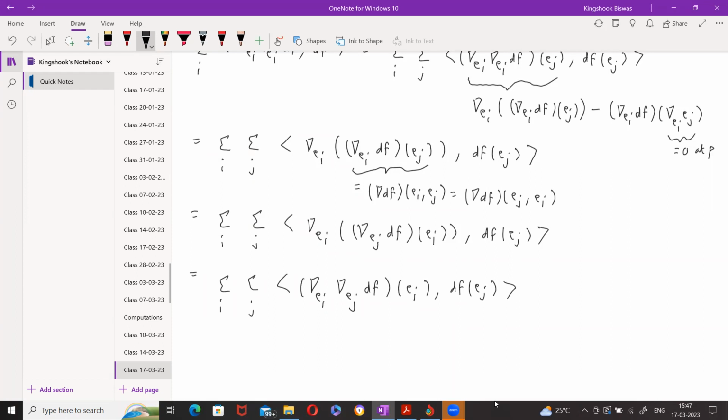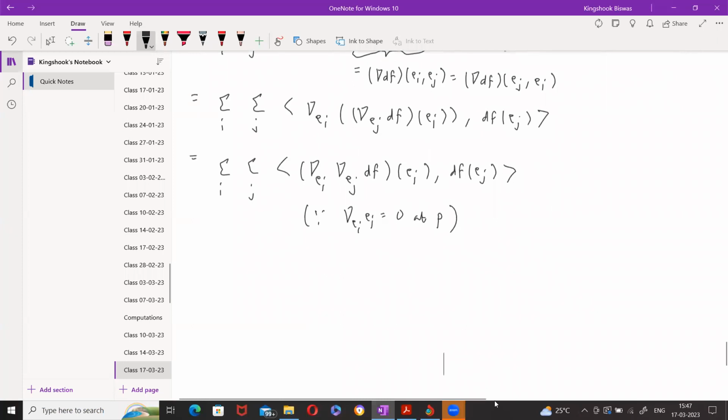Yes, because there'll be another term with nabla e_i, which is 0, because nabla e_i is 0 at P. Is that clear? Just like we did here, we're doing the same thing down here.